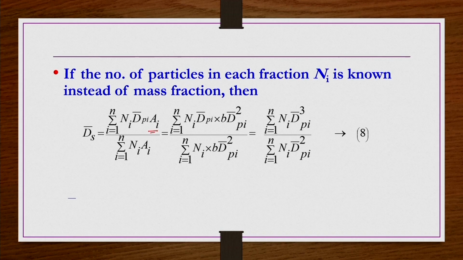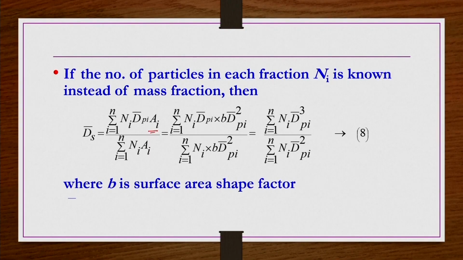Usually it is dpi bar square multiplied by a surface area shape factor. Let us say if the particles are spherical, then this surface area shape factor b would be pi. If you have short cylinders, L is equal to D, then this surface area shape factor b should be 3 pi by 2.